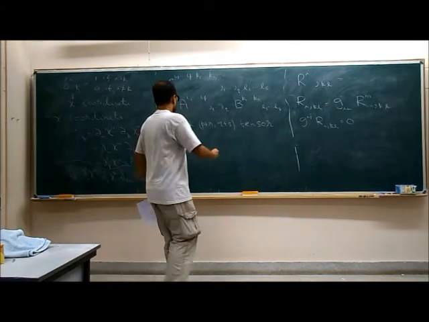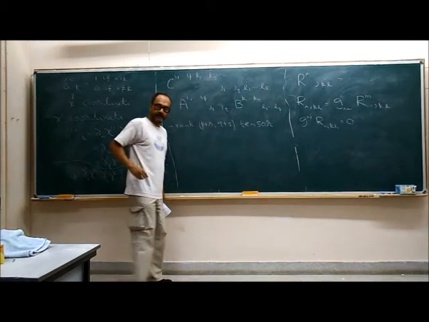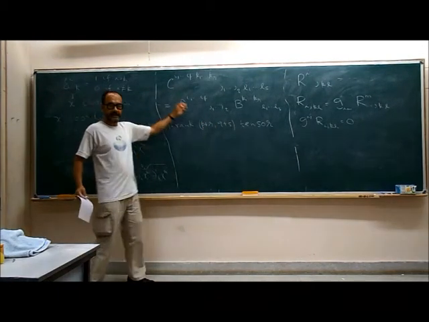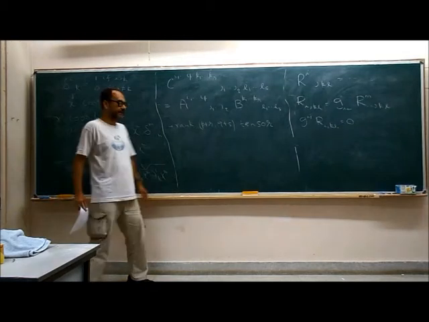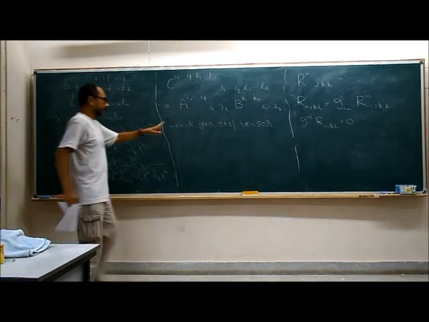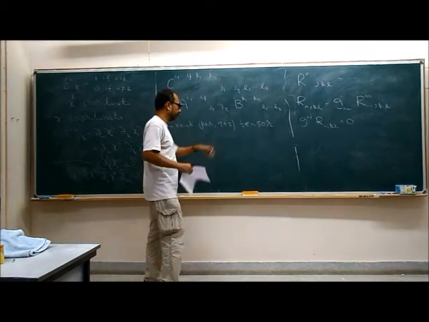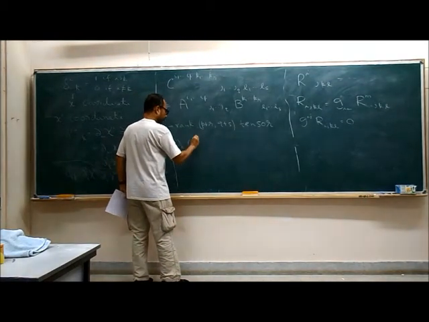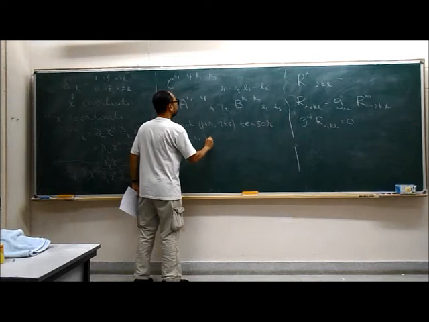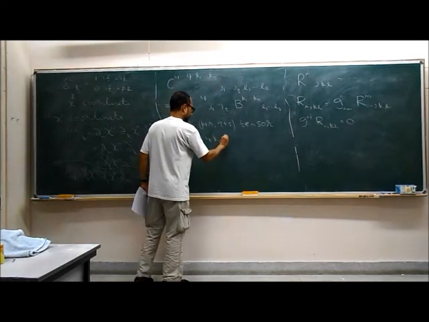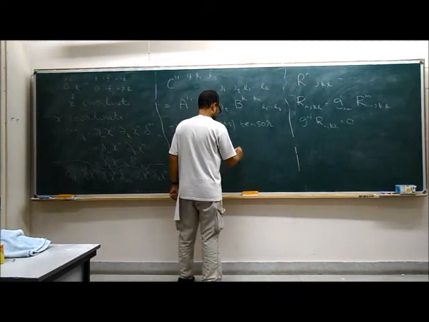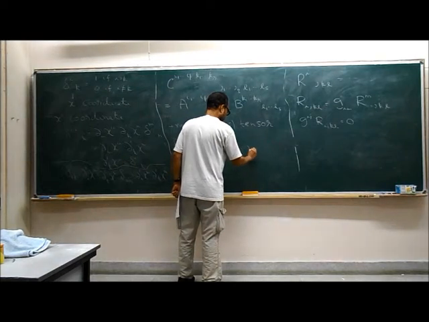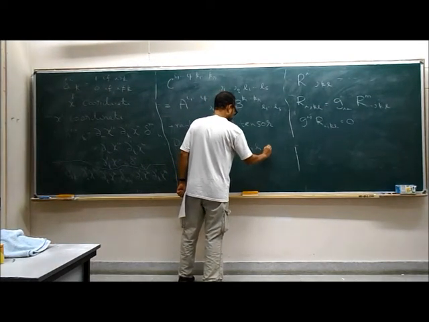Okay, so this is a rank (p+r, q+s) tensor. That's clear, right? Let's just take the product of two tensors. Since this is a rank (p+r, q+s) tensor, we can define the covariant derivative dk of C with indices I1 to IP, K1 to KR, J1 to JQ, L1 to LS.